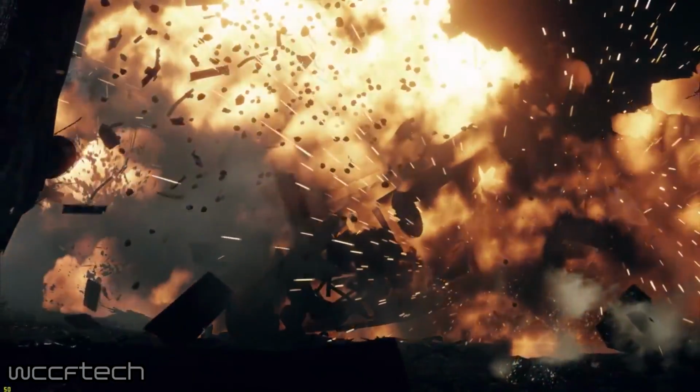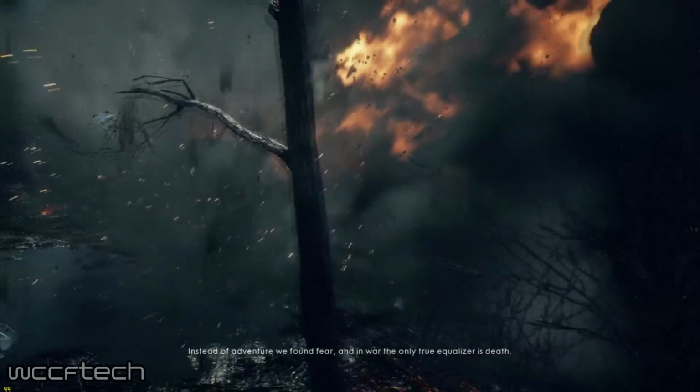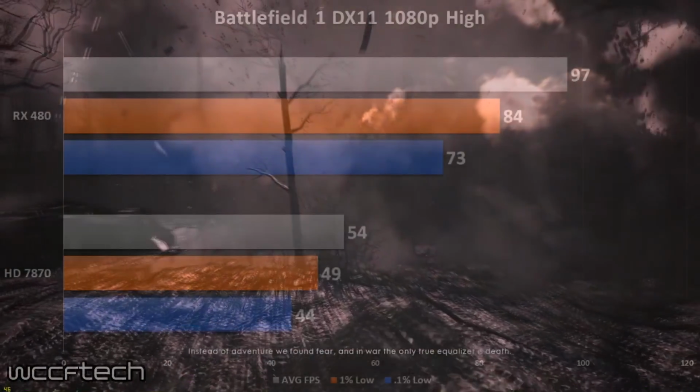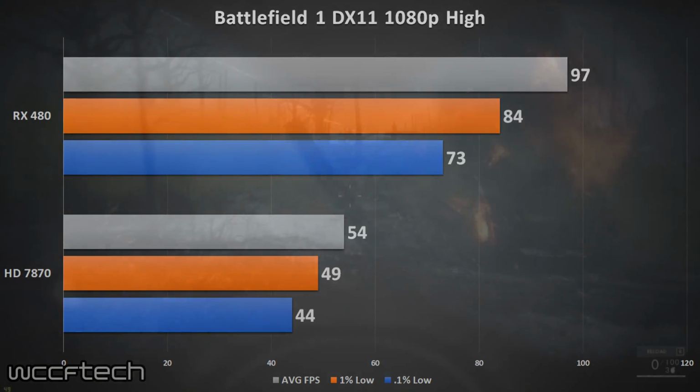Moving on to Battlefield 1 running on high detail settings at DirectX 11, we see the average FPS, well, a little less than double for the RX 480. We're seeing it run at 114 compared to the HD 7870's 62 FPS, which is more than respectable, and the minimum 1% lows are quite good, again staying above the HD 7870.